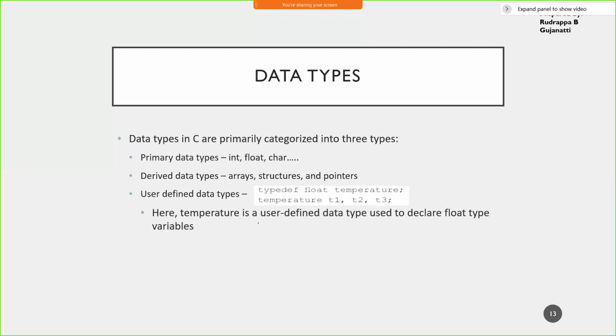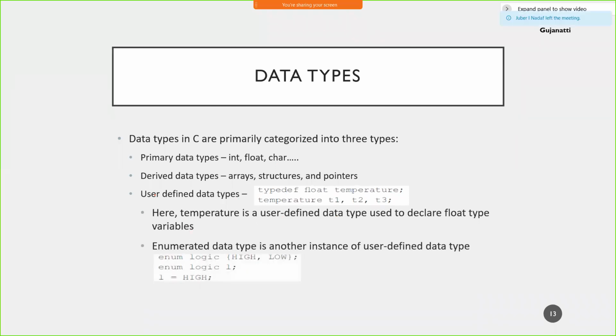So this is what I have explained. Another user-defined data type is the enumerated data type, as we saw in the previous slide, wherein we were declaring the enumerated data type. Here you have an enumerated data type, logic, and it can have two values, high and low. You declare an enumerated variable of logic type, L, and assign it a value of high, which falls within the allowed values, or else you will not be able to assign.